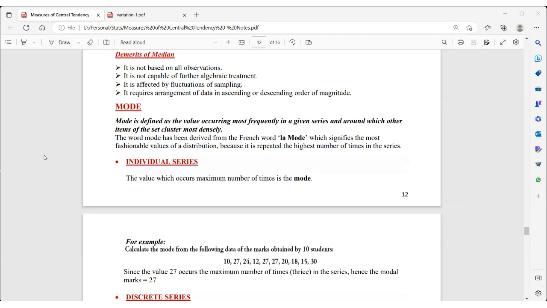Mode is defined as a value occurring most frequently in the given series and around which other items of the set cluster most densely.